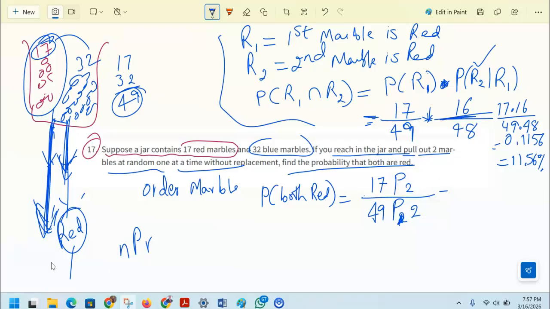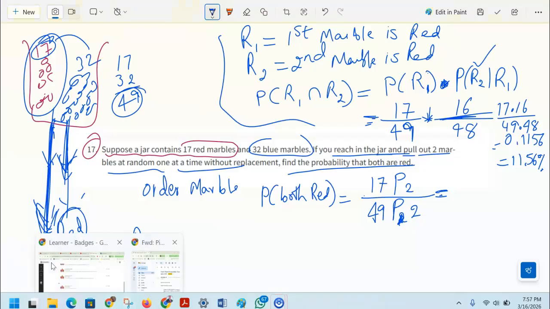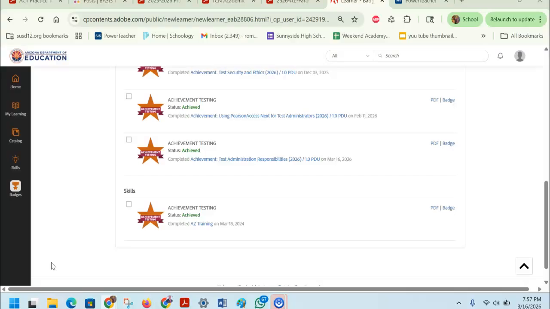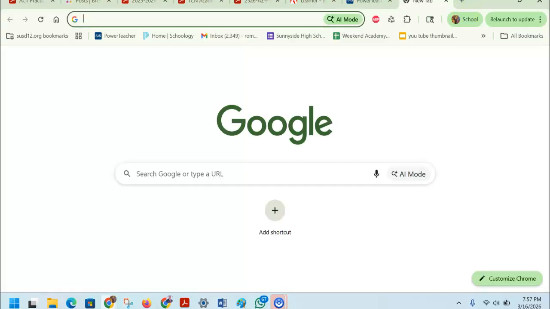And you work this out on the calculator. Let me do 17P2. Let me do it on my calculator.